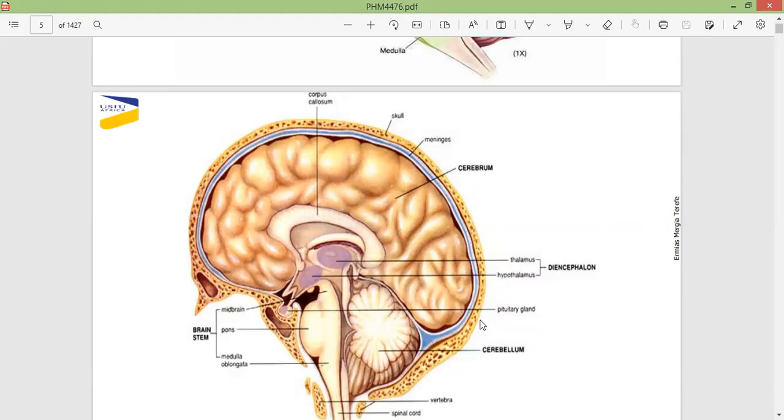And from the cerebrum, to take you back to what we had discussed the other day, what are the lobes in the cerebrum and what functions do they play? Where are they located and what functions are they associated with?